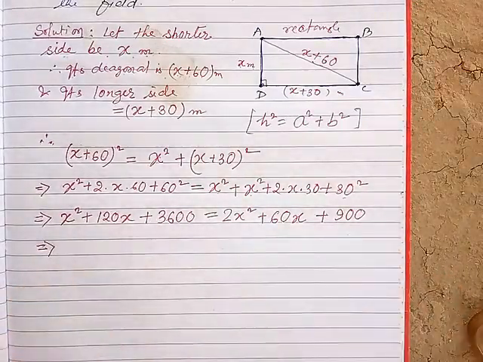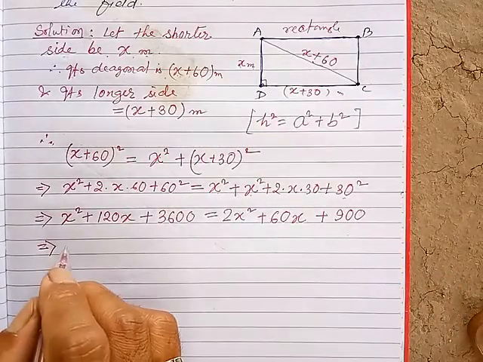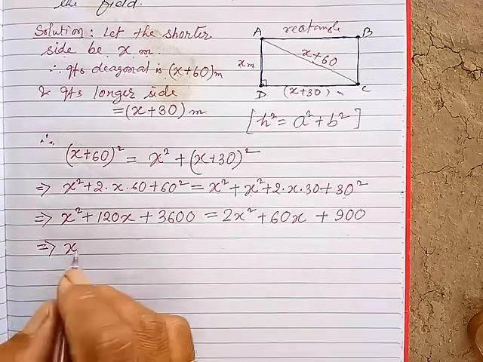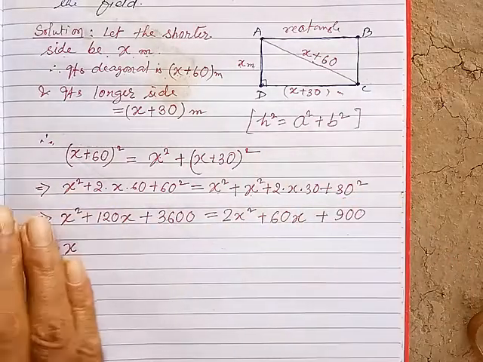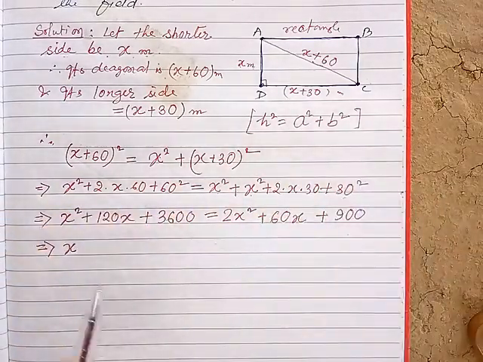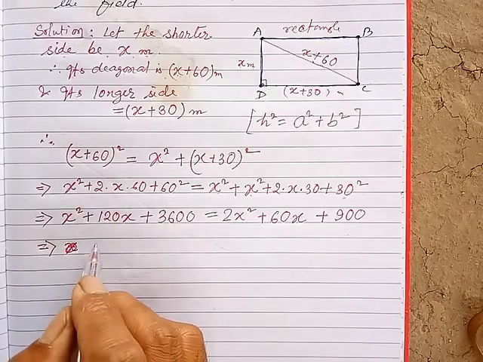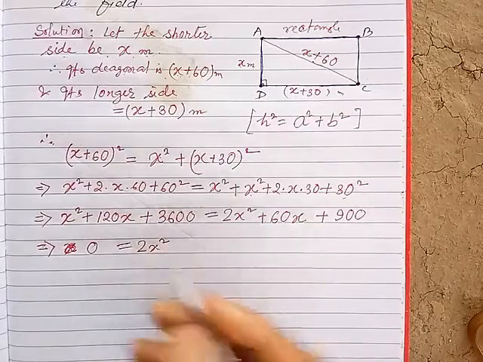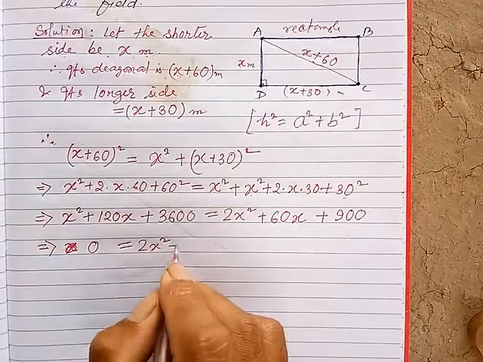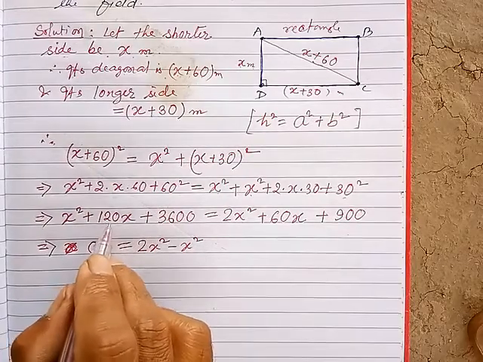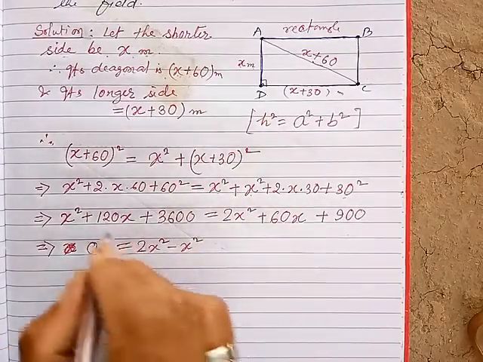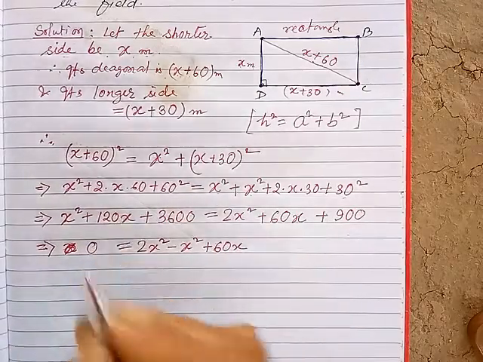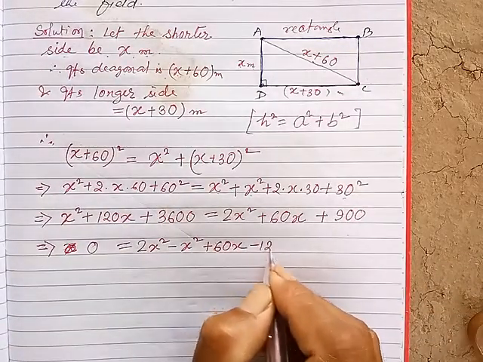Okay, now let us arrange it in standard form. Let us take everything to the right side, or everything to the left side. What I shall do is, 2x square is there, x square is taken to the right side, it will be minus x square, and there is plus 60x, and this 120x taken to the right side will be minus 120x.